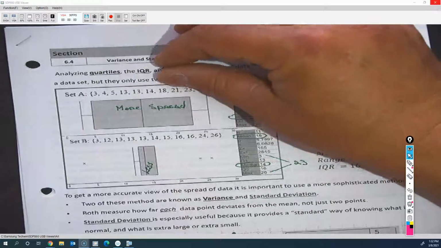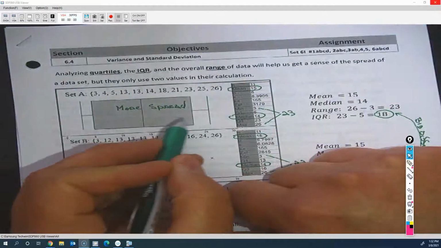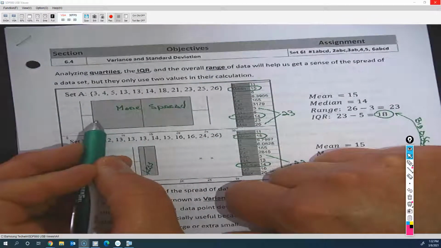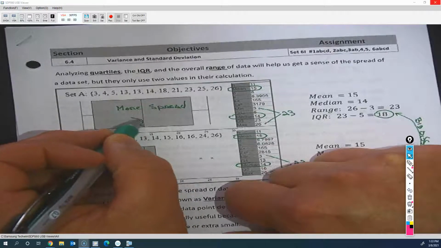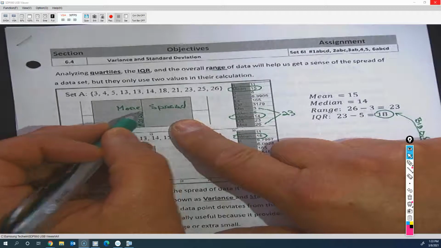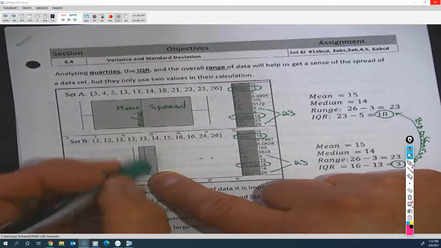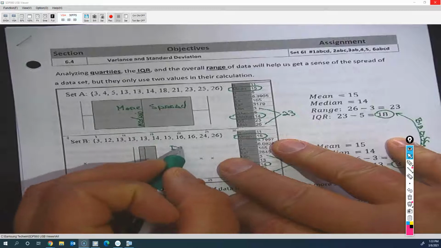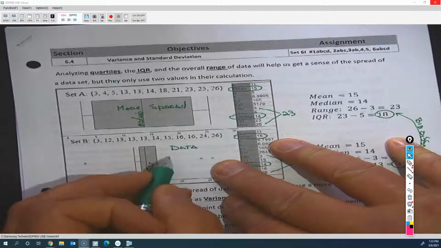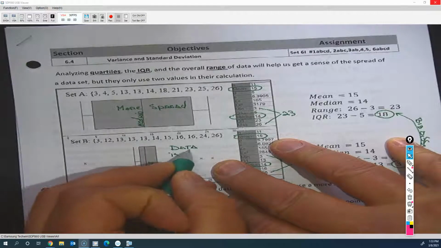Now remember, guys, this is showing you how each point compares to the median. This middle line is the median. So the data down here is much more compacted around the median, close to the median.